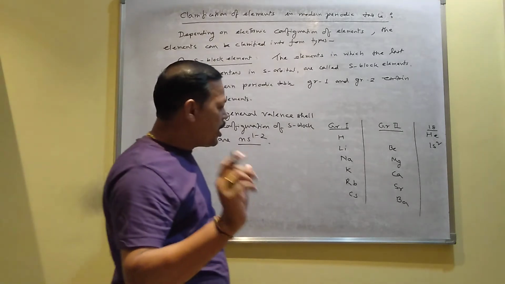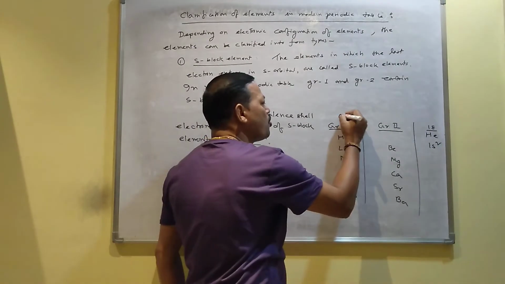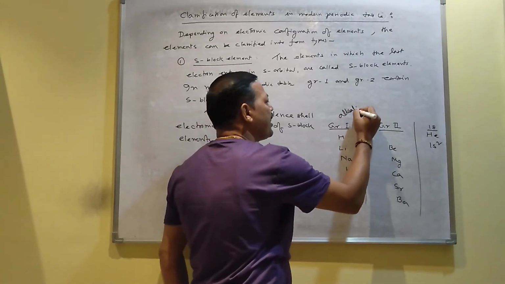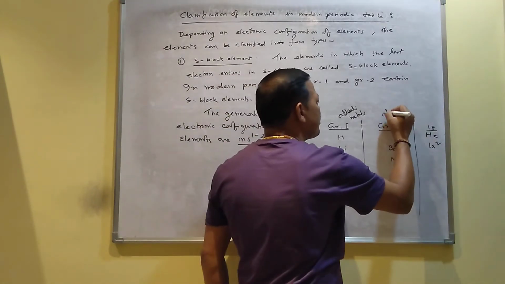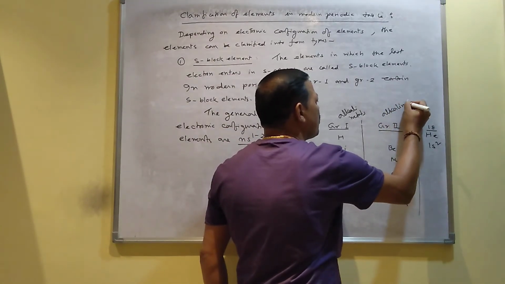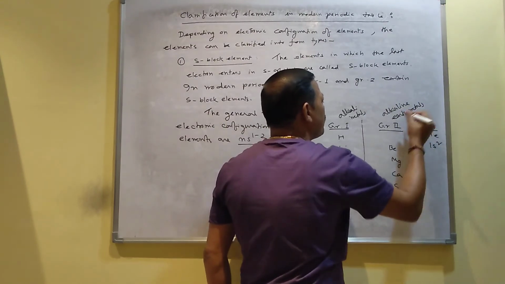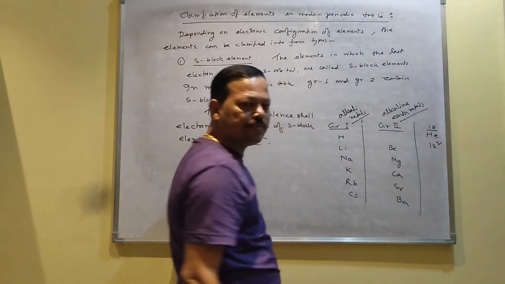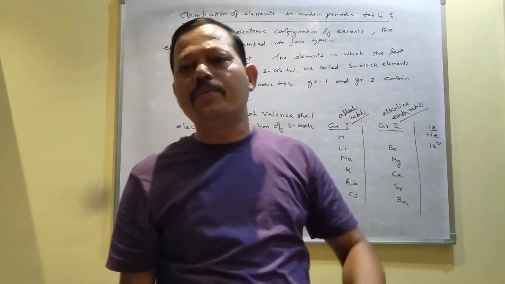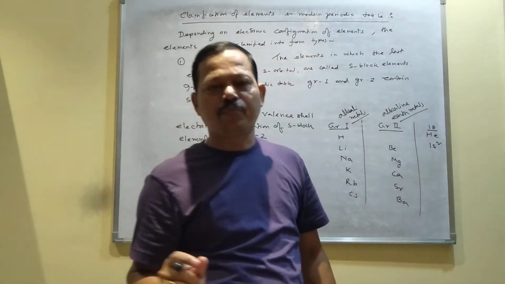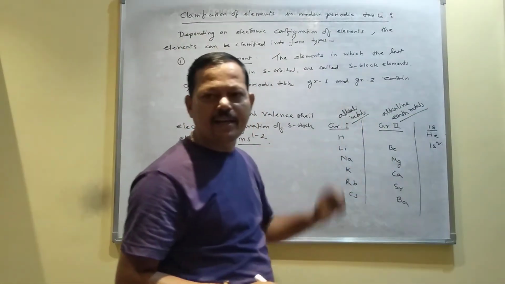And you have to know one thing, these group 1 elements are also called alkali metals, and group 2 elements are also called alkaline earth metals. Do you know why they are so called? Alkali means water soluble bases. You know acid base, those bases which are soluble in water are called alkali.